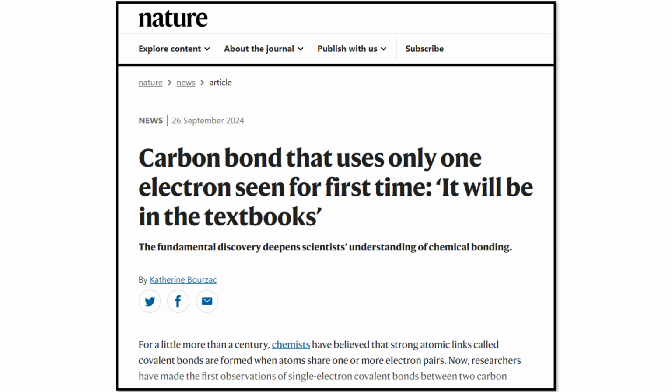So a recent study has revealed a carbon-carbon bond that uses only one electron. This is significantly different from the traditional covalent bonds, which typically involve two electrons. And this discovery has important implications for understanding non-standard bonding and could expand how we approach bond formation in chemistry.